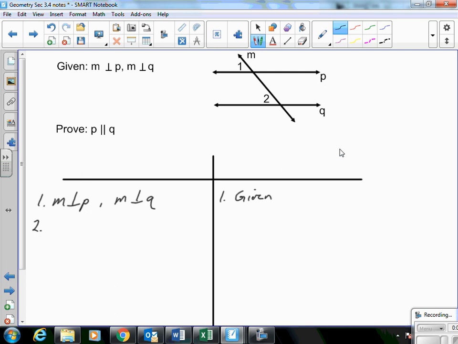So I can say angle 1 is a right angle and angle 2 is a right angle.